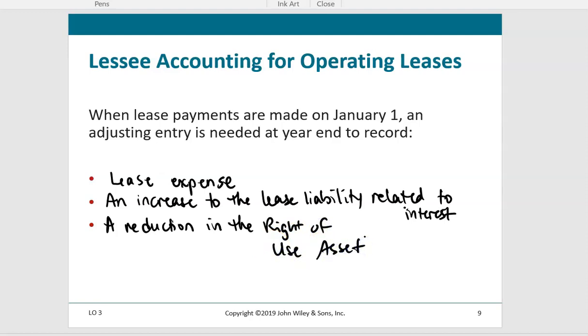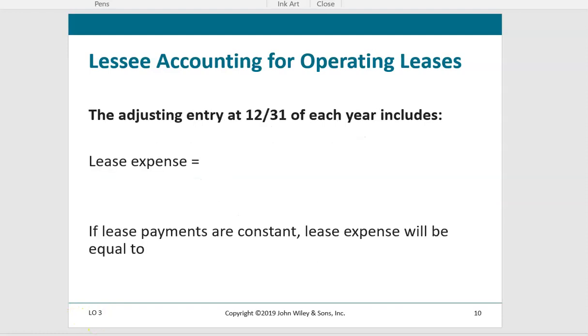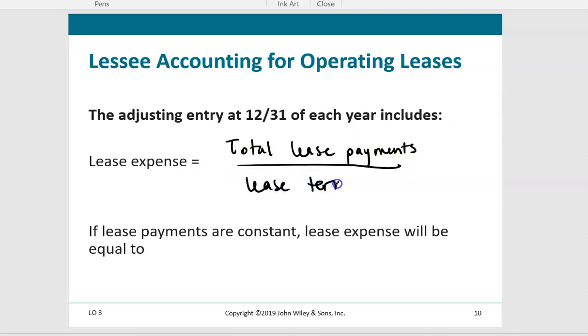So let's take a look at each one of these three items in a little more detail. The lease expense. Lease expense is always calculated as the total amount of lease payments across the entire life of the lease, total lease payments divided by the lease term. And of course, when lease payments are constant, as they are in this case, we're told the lease payments at January 1st of each year are $17,620.